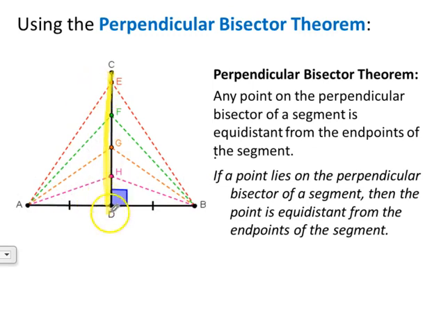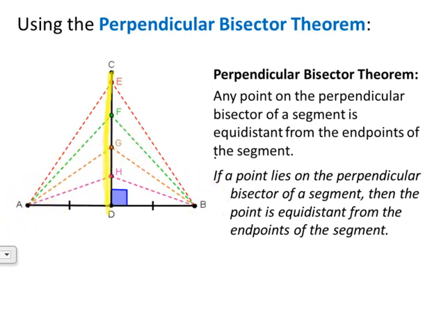It's bisected it, so it divided it into two equal parts. We know that because of the ticks. And then it's a perpendicular bisector because it intersects at a 90-degree angle. So any point on the perpendicular bisector is going to be equidistant from the endpoints of the segment.